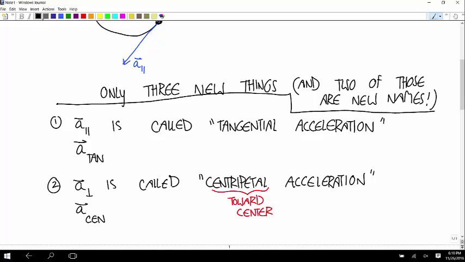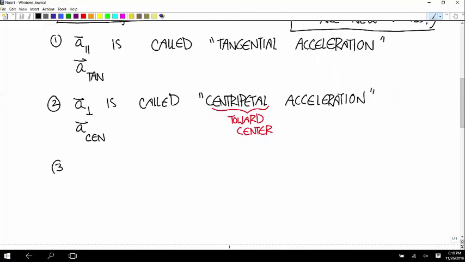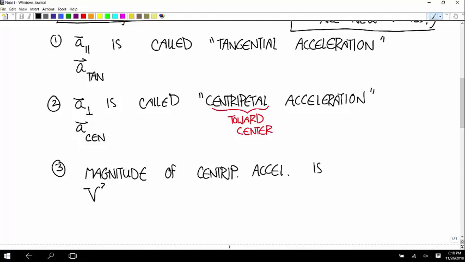But here's the new thing that we didn't know before. The magnitude of the centripetal acceleration is the speed squared divided by the radius of the circle.